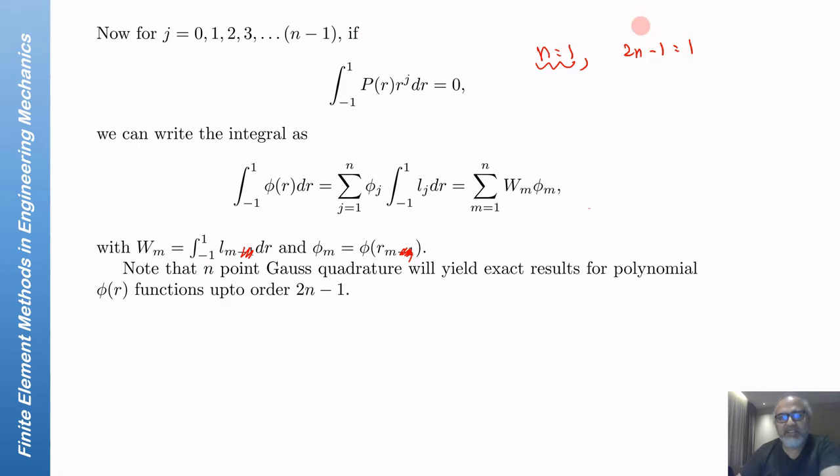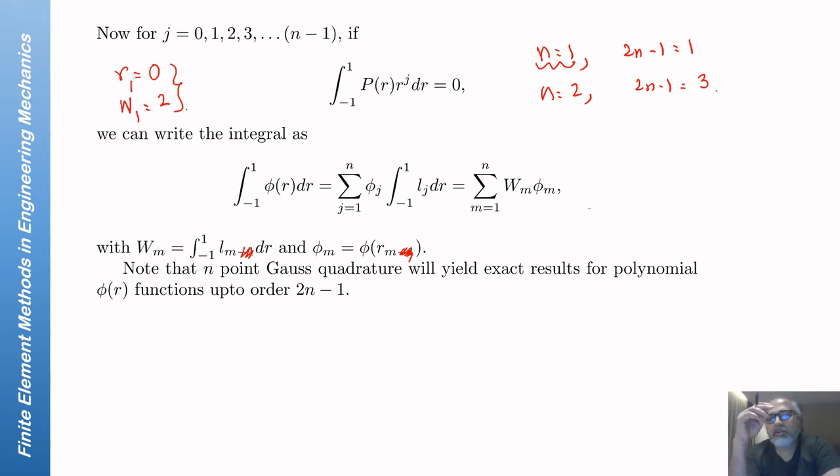We have already seen that for n equal to 1, r1 is equal to 0 and w1 is equal to 2, and this is exact for linear polynomials. For n equal to 2, 2n minus 1 will be 4 minus 1 equal to 3. So up to cubic polynomials will be integrated exactly for n equal to 2, and so on.